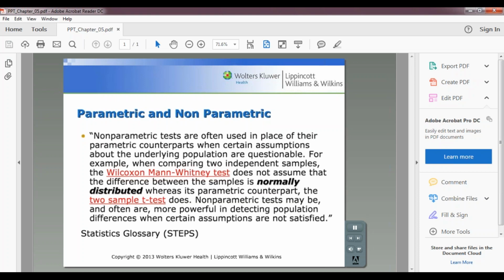Now, parametric tests may be, and often are, more powerful in detecting population differences when certain assumptions are satisfied. The assumption they're talking about right here is the assumption of normality. So we always assume that the population is normally distributed. How do you really ensure that your data is collected from a normal population? Well, you get a large enough sample size.